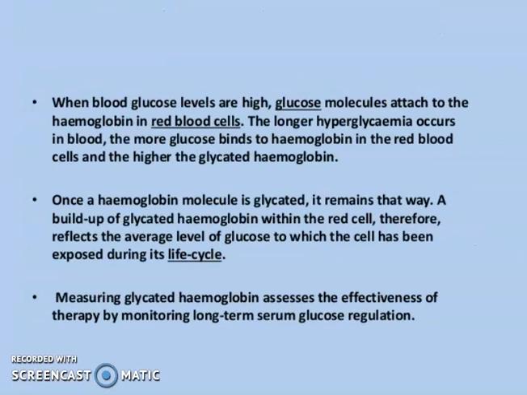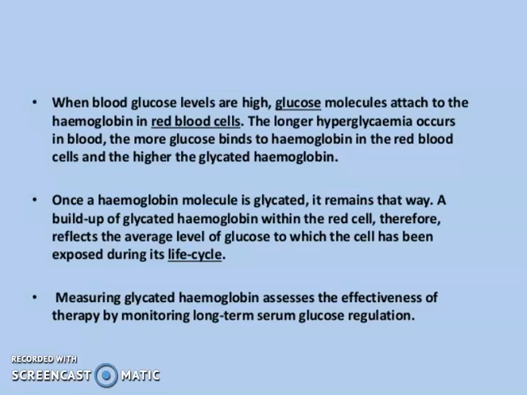So when blood glucose levels are high, glucose molecules attach to the hemoglobin in red blood cells, and the longer hyperglycemia occurs in the blood, the more glucose binds to the hemoglobin and the higher the glycated hemoglobin.